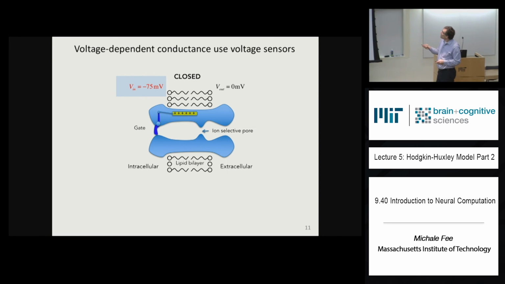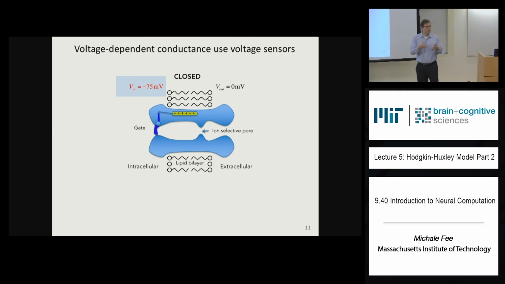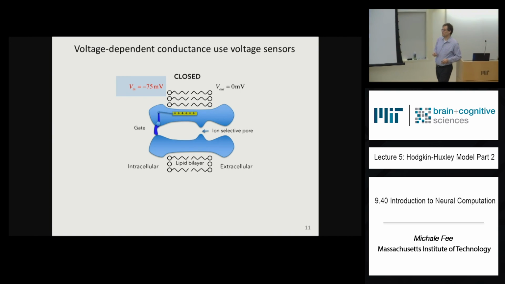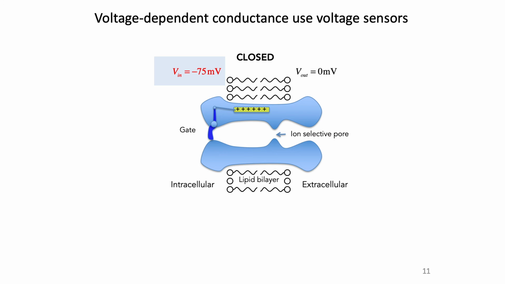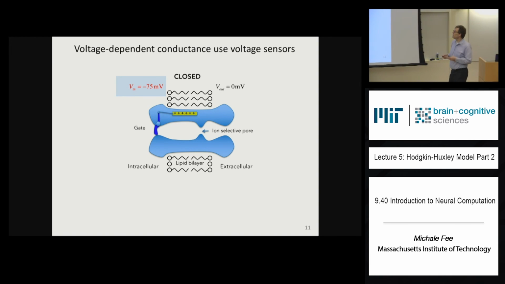Now, we talked about how the voltage gates work in a voltage-dependent ion channel. And the idea is that you have some gating charges that are literally charged residues, charged amino acids in the protein.